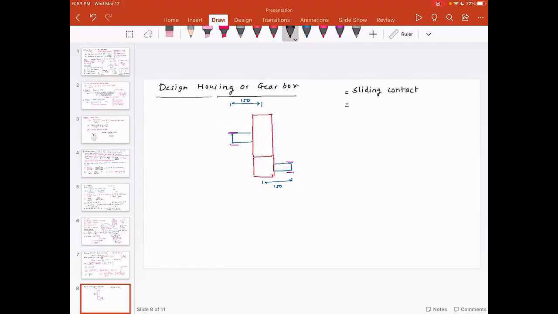you can use a roller contact bearing, you can use a taper roller bearing, you can use a needle bearing, and if you want to compensate for axial thrust, you can use thrust bearings.